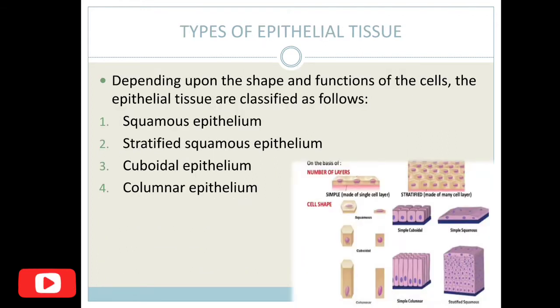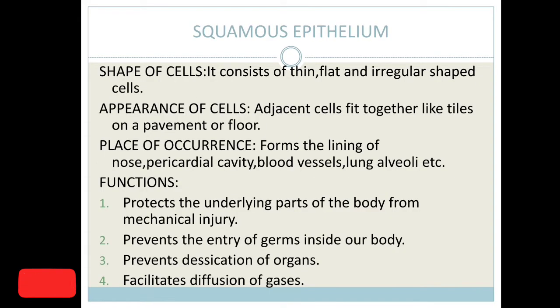You can see how the cells fit together just like the tiles on the floor. This type of tissue is found in the lining of our nose, then in the pericardial cavity, blood vessels and lung alveoli. In those places the squamous epithelium is found.